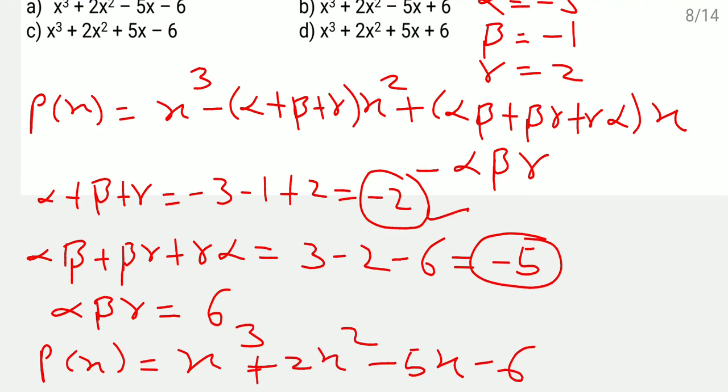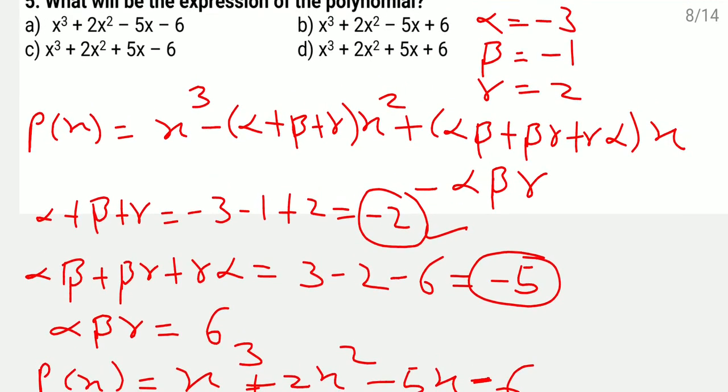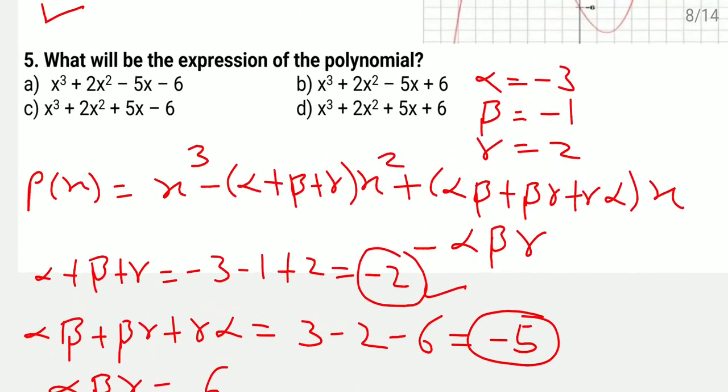This sign I will not change. It is negative, so here it is also negative. And this value is 6. So let us see which option is matching with this. Here x cube plus 2x square minus 5x minus 6. If you see, option A is matching with this one. See it properly. Option A is the correct one. Come to the next question.